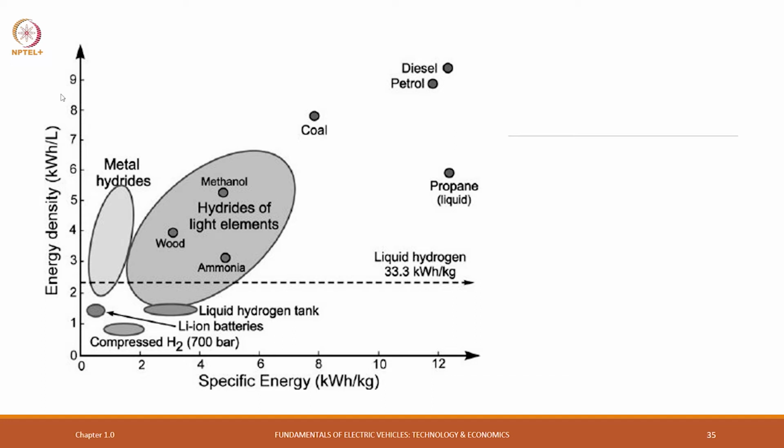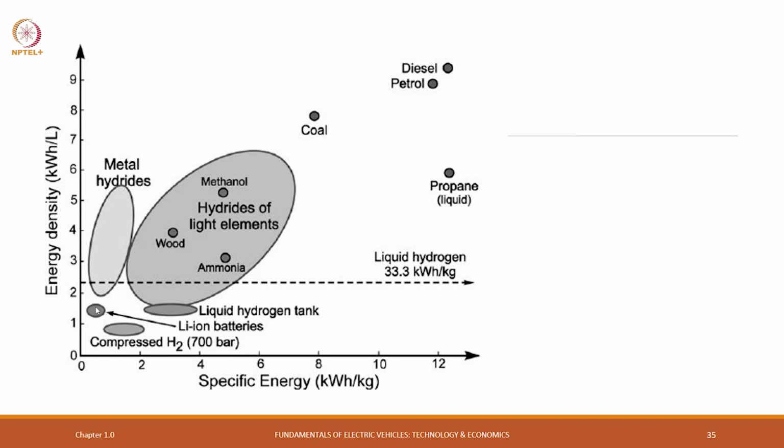As opposed to that, look at the lithium ion battery. What are you talking about? Not even 1 kilowatt hour per kg, 200, 300 watt hour per kg, 0.2, 0.3 kilowatt hour per kg, and slightly, maybe a little more than a kilowatt hour per liter.